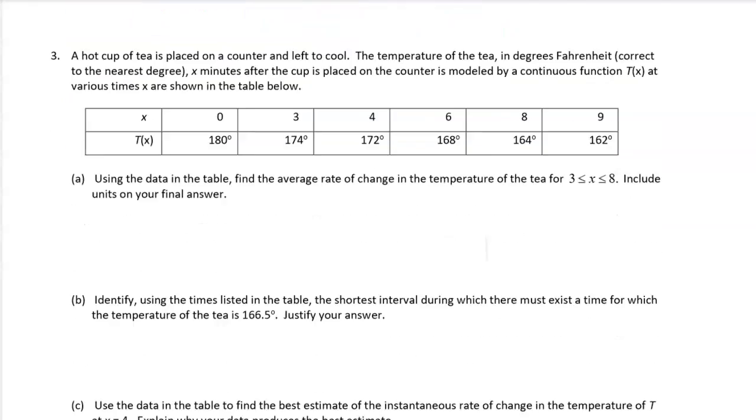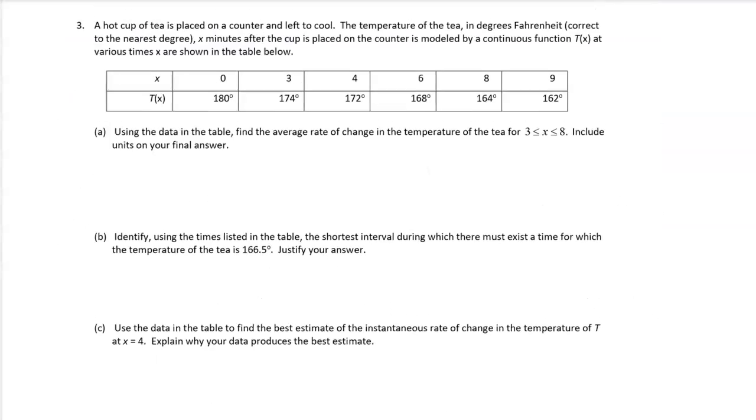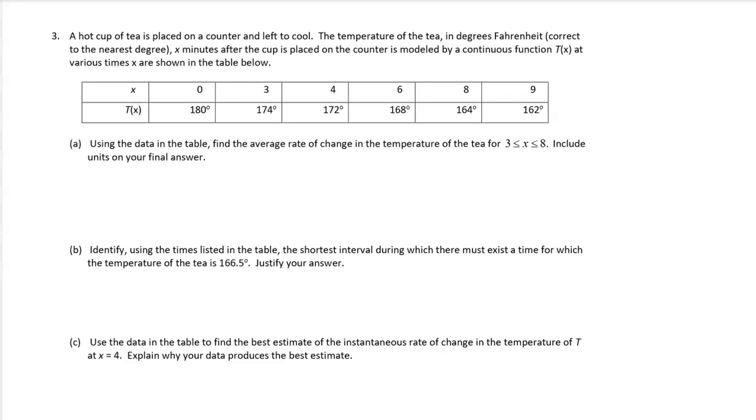Let's go to the second page where I gave you a table and I asked you a bunch of questions. Using the data on the table, find the average rate of change in temperature from 3 until 8. So that's going to be T of 8, which is 164, minus T of 3, which is 174, over 8 minus 3.